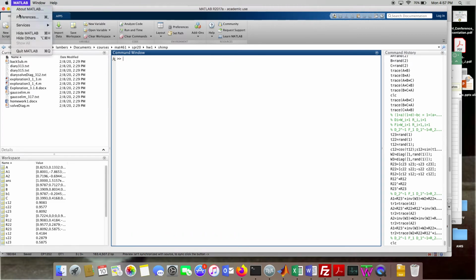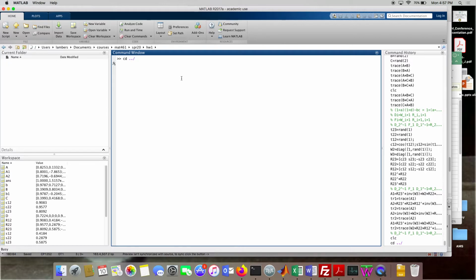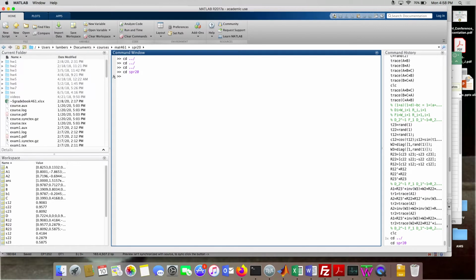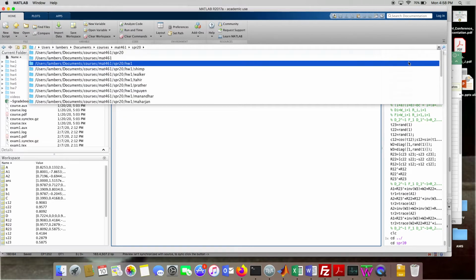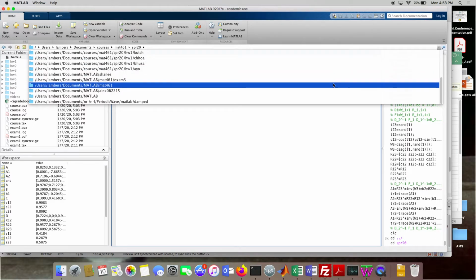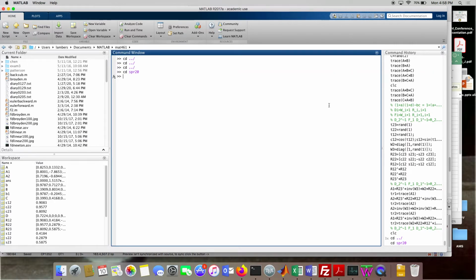Oh, I need to make this a lot bigger. Oh, well, I'm in the folder for Chandler's homework right now. Okay, let's go up a few levels. Oh, actually, I don't want to be in that folder either. Okay, but I still need to make this bigger.